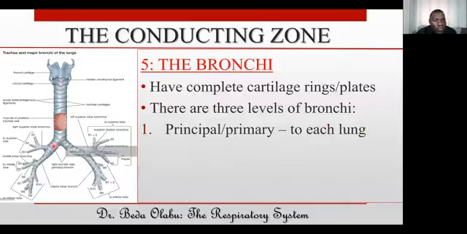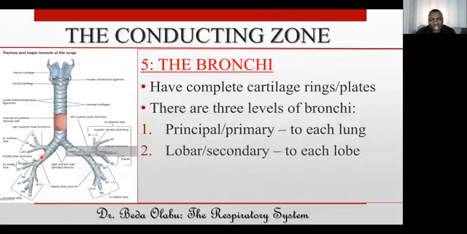But look again, the main bronchus also divides. The divisions of the main bronchus are known as the lobar bronchus or the secondary bronchus. With that name, you then realize that the air within the lobar bronchus goes to each lobe of the lung.